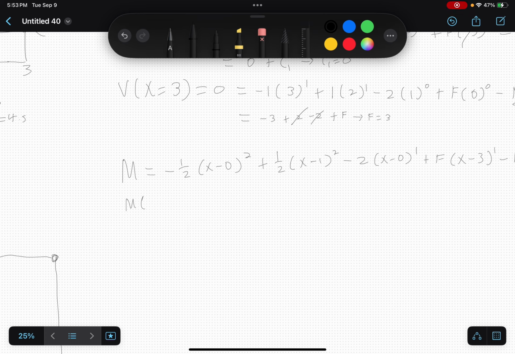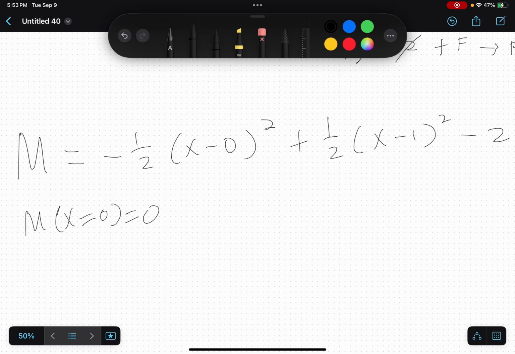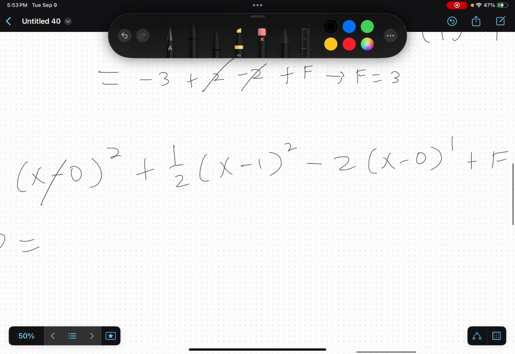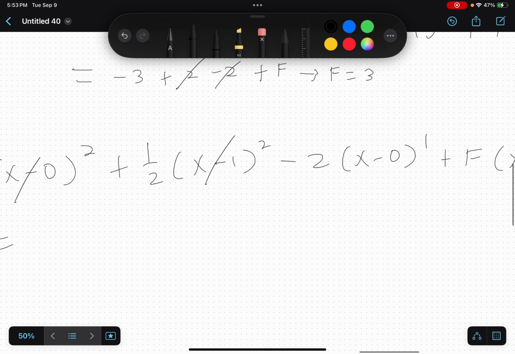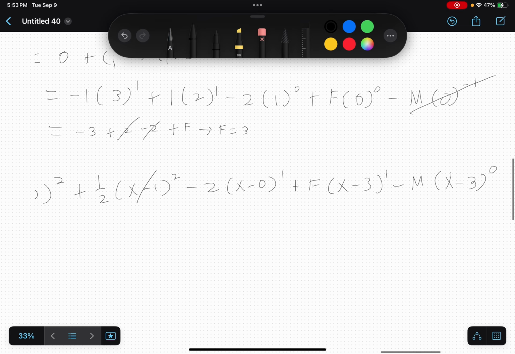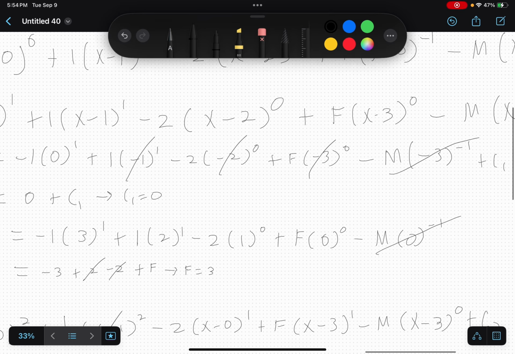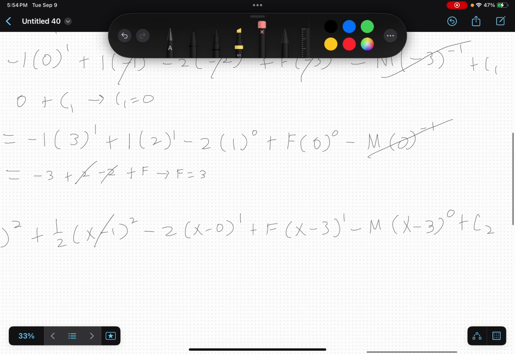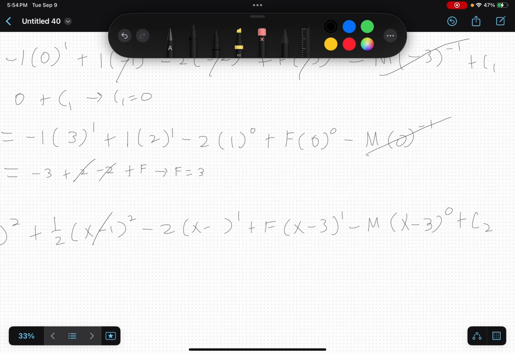Yeah, 0, yeah, this term will cancel out. This term will have a negative inside the parentheses. This should not be a 0, this should be a 2. So that'll be a negative also, a negative, and a negative.